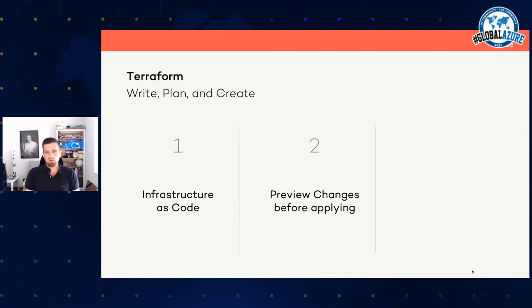Plan, that's one of the key benefits that Terraform brings to the plate. That's actually previewing changes before actually applying them to your cloud vendor. So that means you don't have to be afraid that, only by looking at how my infrastructure may look in Azure, something will be modified without you actually knowing about that.